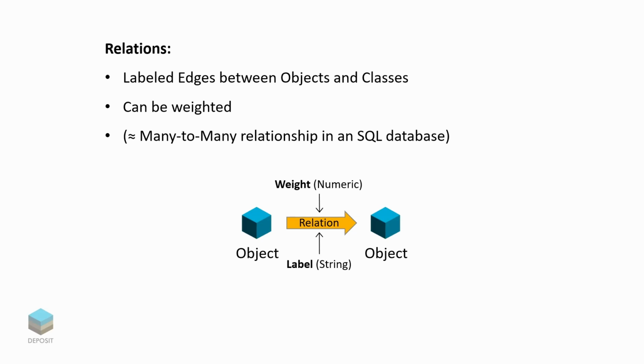So we can have an arbitrary number of relationships between objects and classes. Apart from the relationship being labeled, so it has a name, it can also have a weight, which can represent the intensity or degree of this relation.